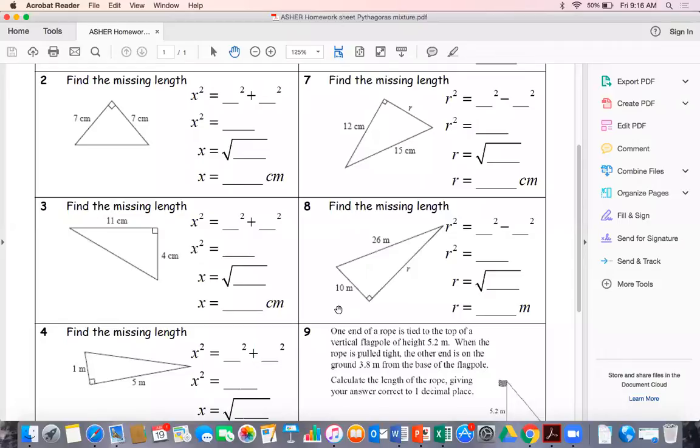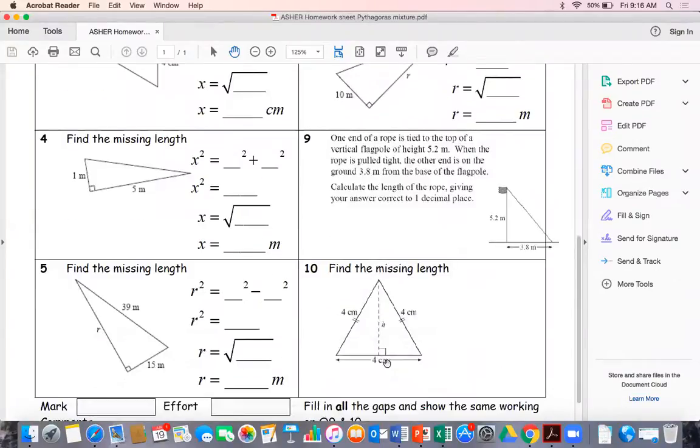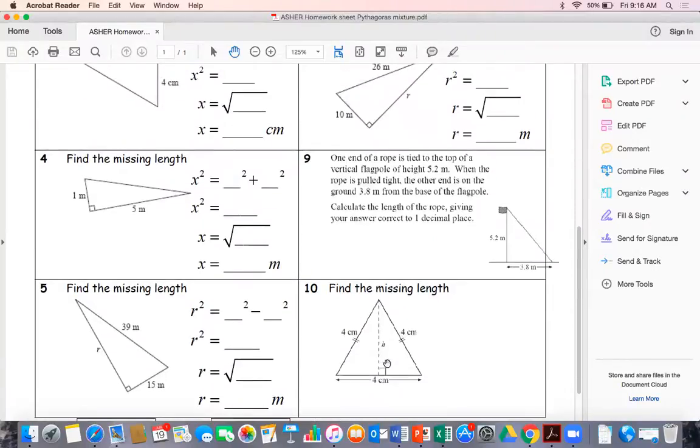Okay, so what's 26 square minus 10 square? What's 26 square minus 10 square?